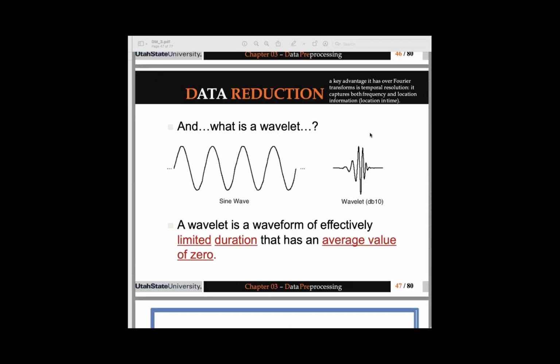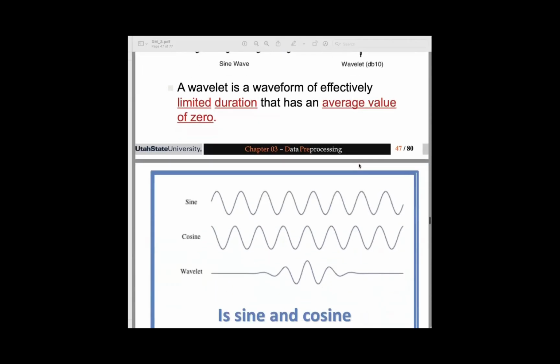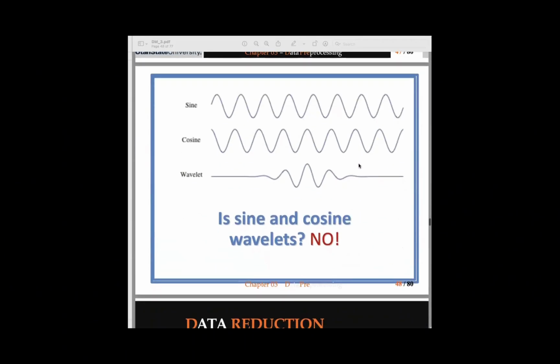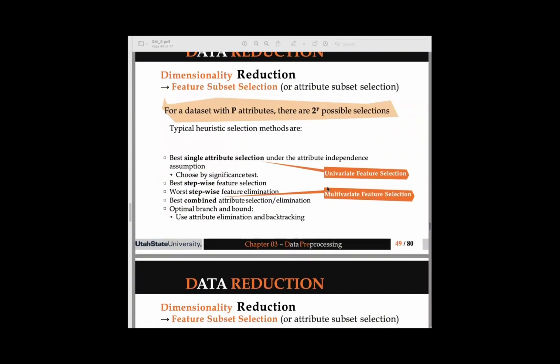A wavelet, on the other hand, will live only in a short interval, not the whole interval on the x-axis. So the question is, are sine or cosine wavelets? The answer is no, they are not wavelets. A wavelet is typically the one shown in this slide in the third line. It lives only in about 30% of the time series in this case, and it has an average of 0.